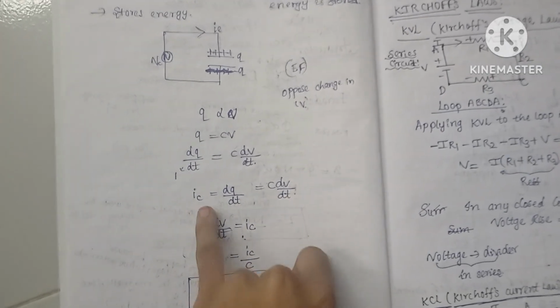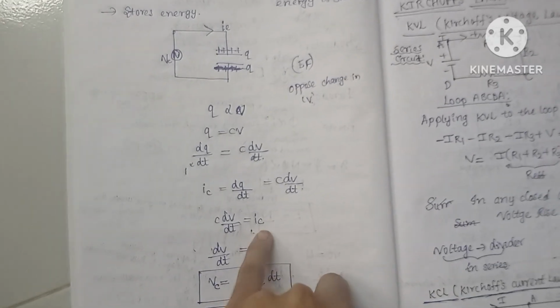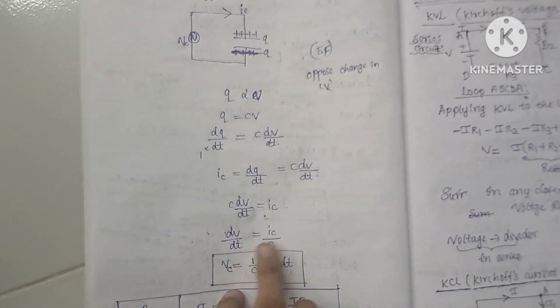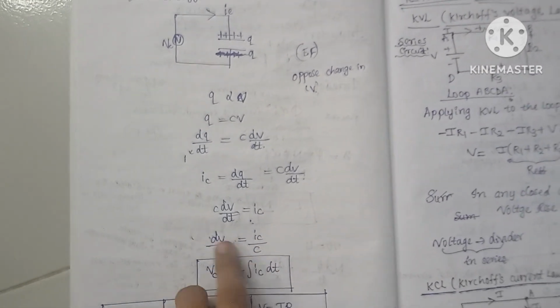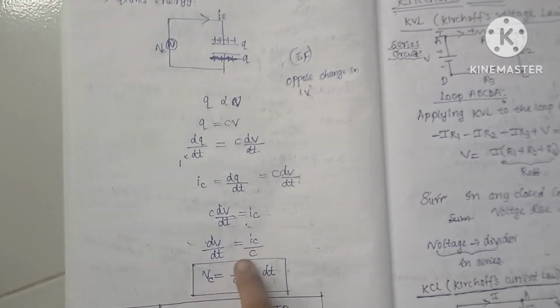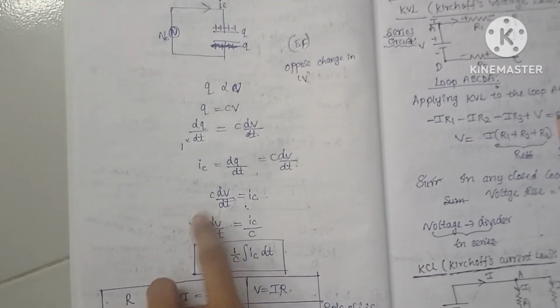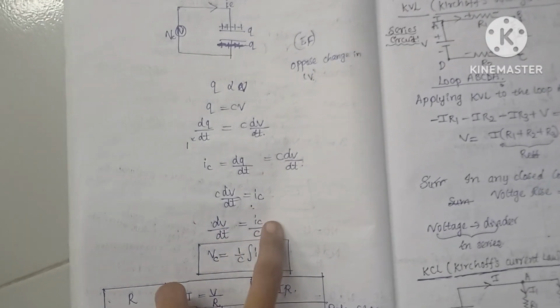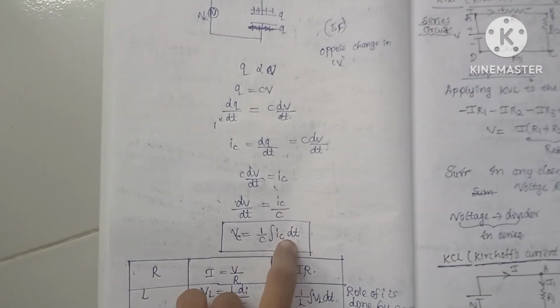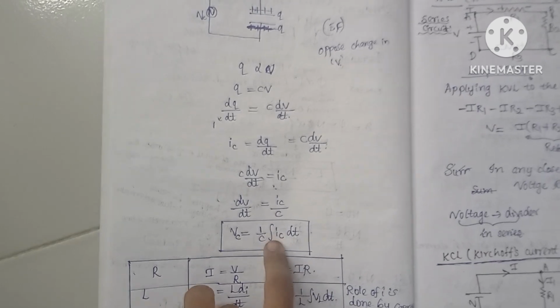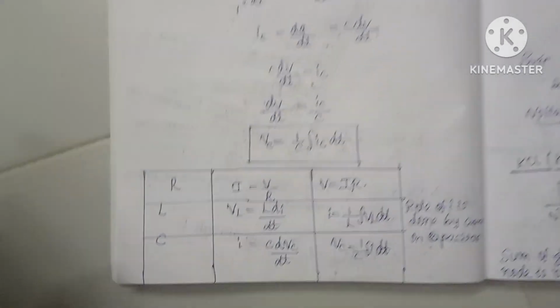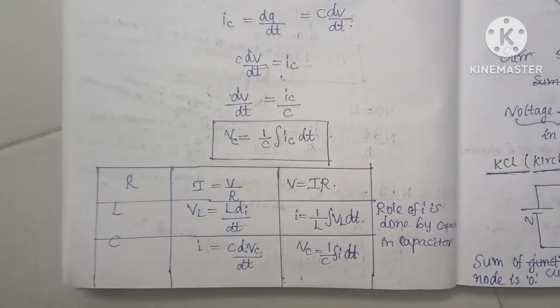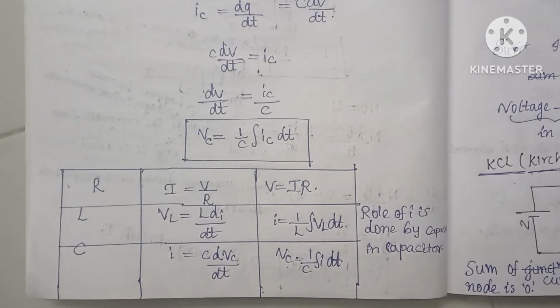Now in order to get VC, we have to integrate again. dV by dt is equal to IC by C, and then by integrating this, we get dV is equal to IC by C into dt. So VC is equal to 1 by C, since C is constant here, integral of IC into dt. And this table is a summary of resistance, inductance and capacitance.